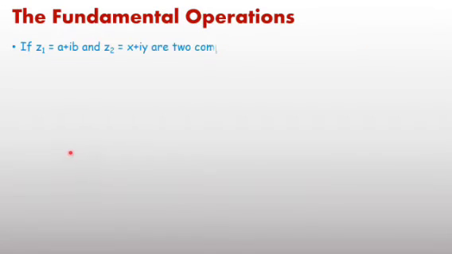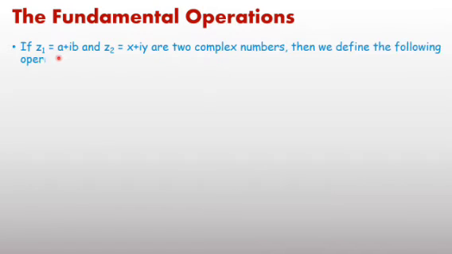Some operations on complex numbers. If two complex numbers are given, z1 equal to a plus ib and z2 equal to x plus iy, then we can define the following operations. Two complex numbers are equal if their real parts are equal and imaginary parts are also equal.